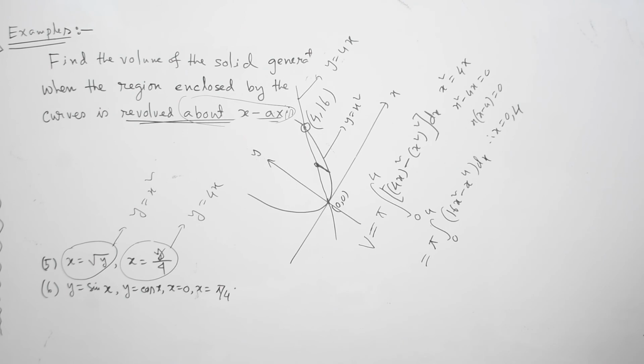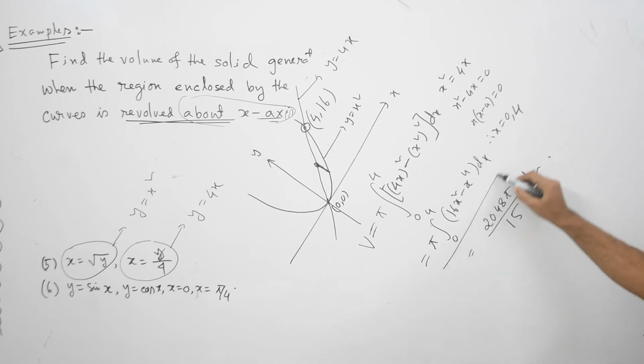Let me skip this calculation, you can do it by yourself, and the final answer will be 2048 pi by 15. So you can try it on your own to get this result.